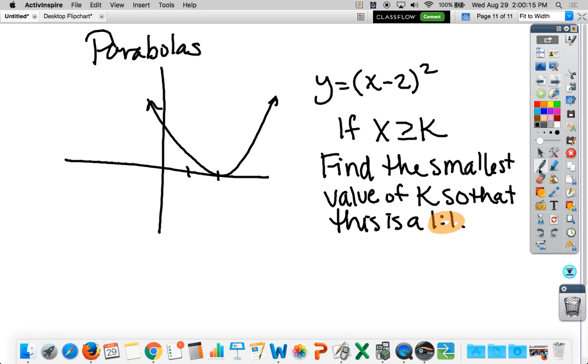You should have something in your notes about 1-to-1. Look back at it. See if you can find anything about 1-to-1 in your notes.